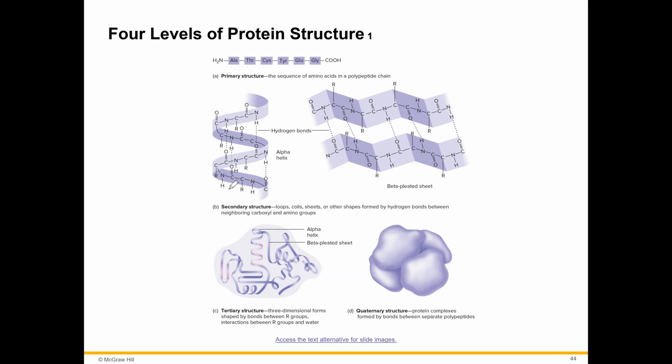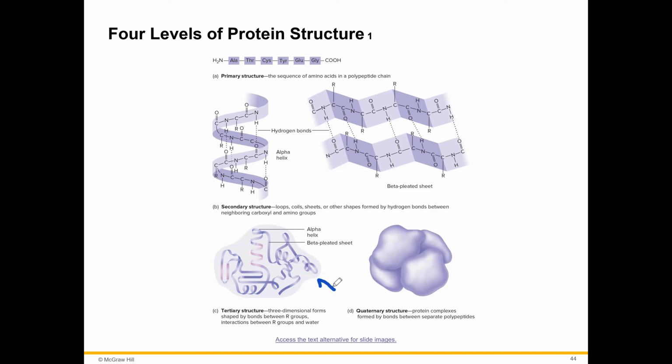See, that's a helix, that's a beta pleated sheet. Helix, beta pleated sheet. Helix again, beta pleated sheet. So we combine these secondary structures, these loops and coils and sheets, together in one functional 3-dimensional protein that has tertiary structure.